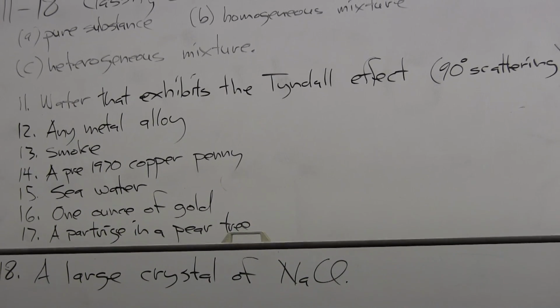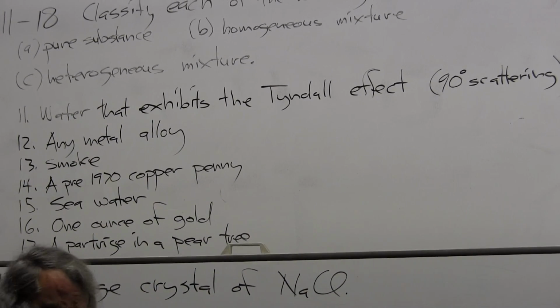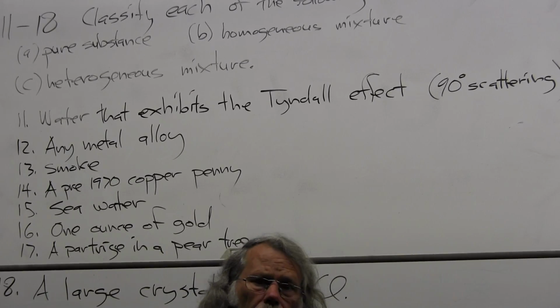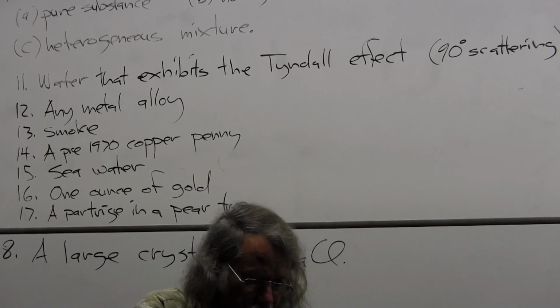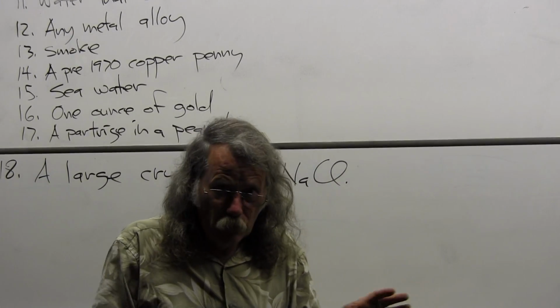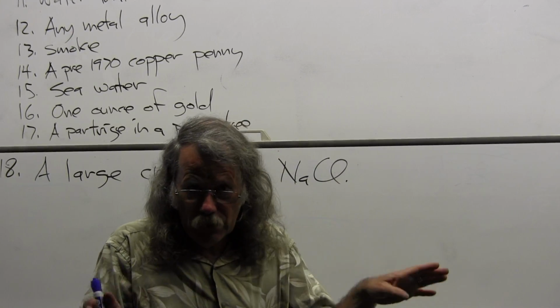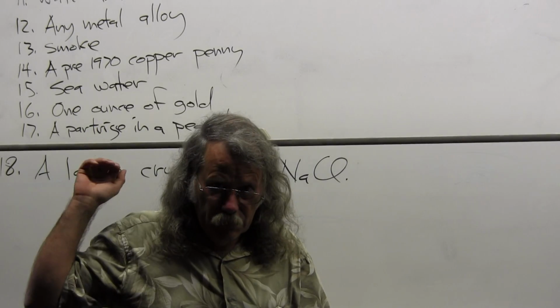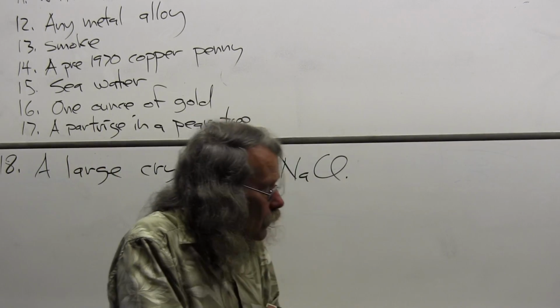This is an indication, because red light is scattered by a very shallow angle by water. That's why the sky, by the way, is red in the morning and red at night. It's a very shallow angle scattering of the light from the source, which is the sun.